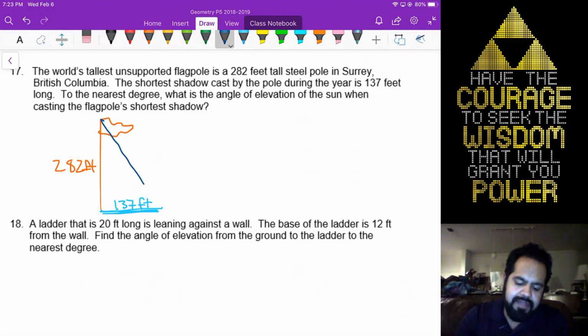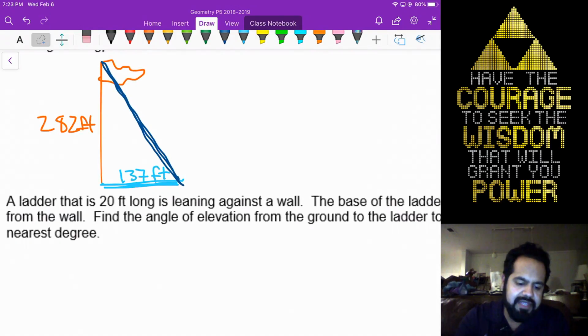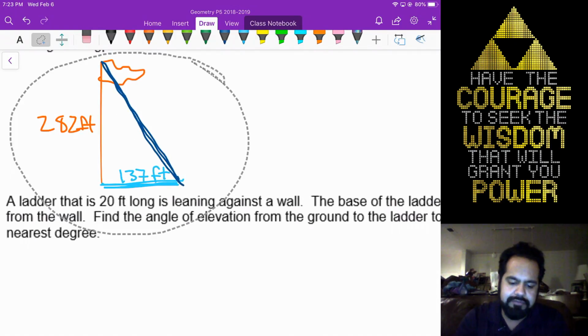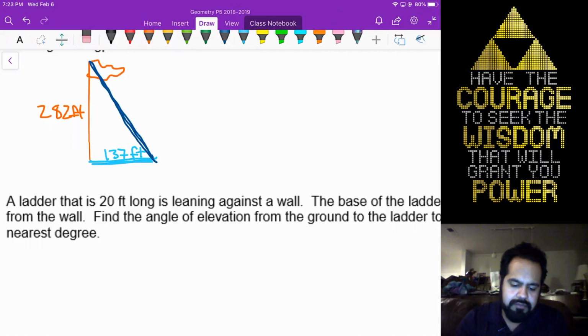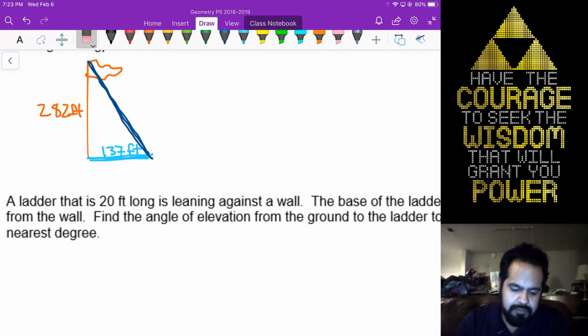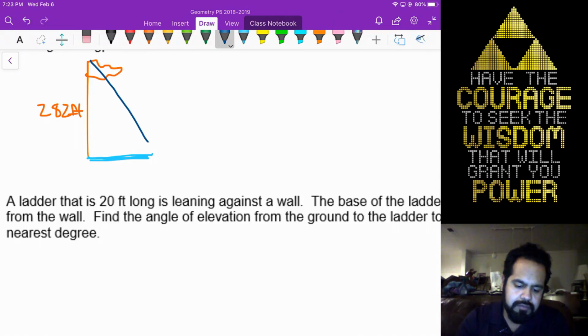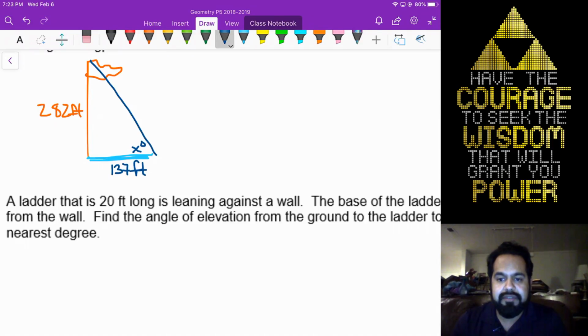Well, angle of elevation is going to be formed by the angles looking upward. Now, I know this probably wasn't my best drawing, so let me clean this up a bit. This angle here is our angle of elevation.